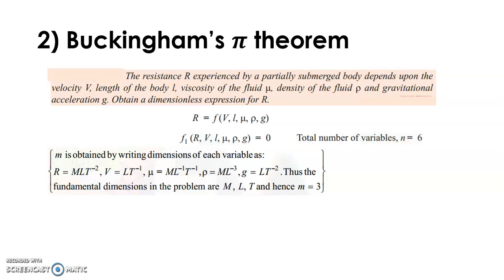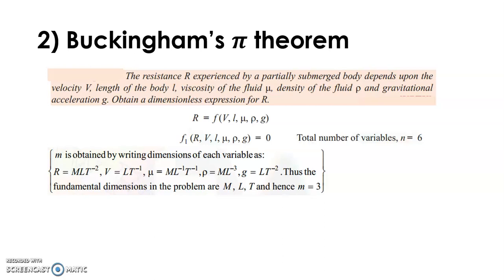And if you look at mu here, mu has all three dimensions. The dimensions of mu are M to the power 1, L to the power minus 1, T to the power minus 1. Also, dimensions of R are M to the power 1, L to the power 1, T to the power minus 2. So automatically m gets the value of 3.